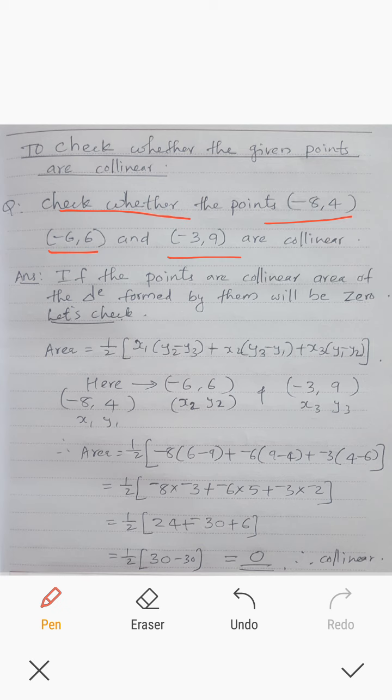What are collinear points? Collinear points are the points that lie on the same line. So, if 3 points lie on a same line, they can never form a triangle. Only non-collinear points can form a triangle. Collinear points will never form a triangle.